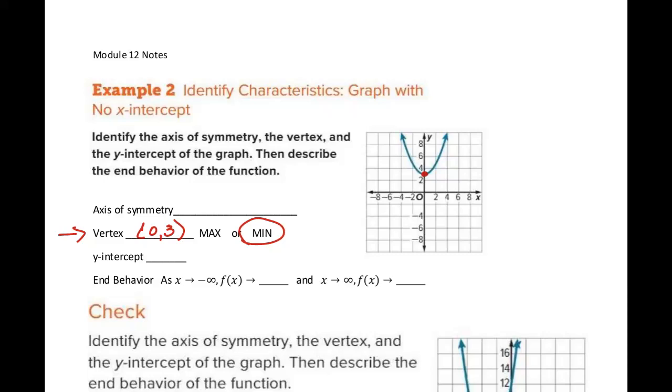All right, axis of symmetry. Elijah, what is my axis of symmetry? The straight line that goes through that point. It's going to be right here. What is the equation of that line? Do you know?